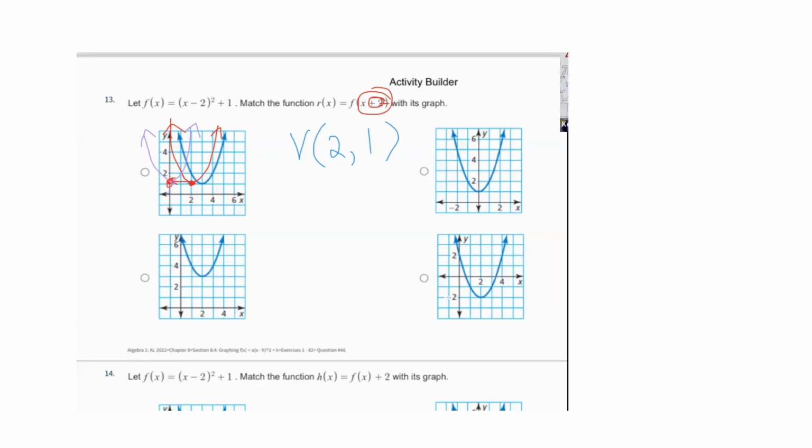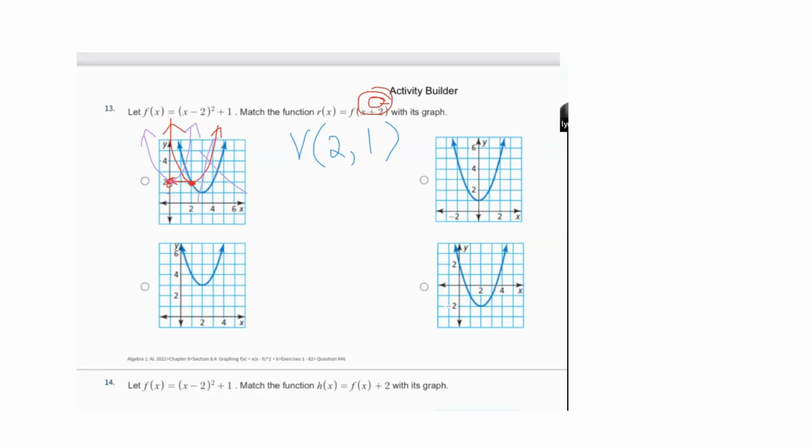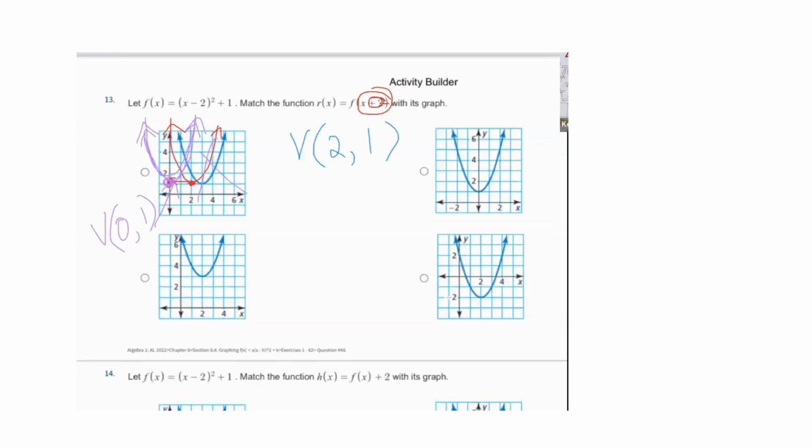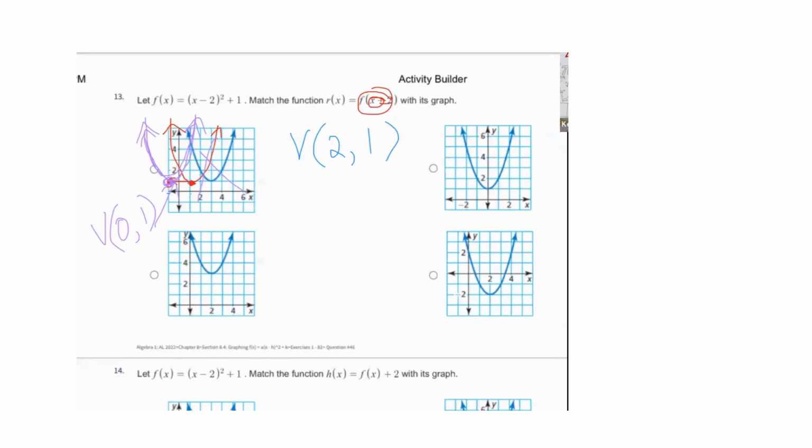So we have to look and see which one of these, and it's obviously not that one. Is it this one, or this one? The new vertex is 0, 1, and this is the one that has the vertex at 0, 1.